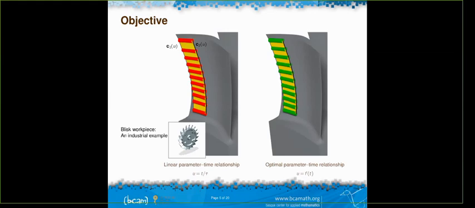Sometimes, as you can see here, the tool goes faster at the beginning and faster at the end, but moves slower in between. This is because of the parameterization, which is not always a good one. So by minimizing the jerk through a reparameterization, we want to reach a smooth motion, as you can see with the green cylinders on the right. The motion is smoother, again with uniform spacing.